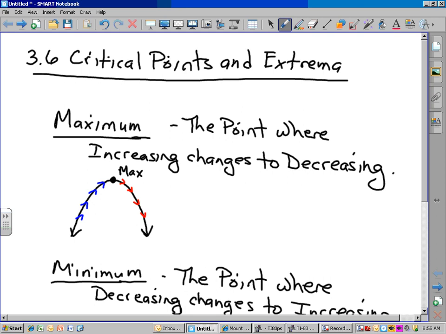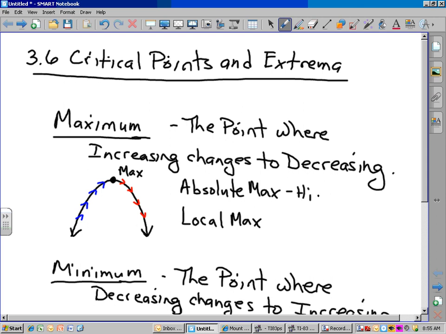Okay, and there's two different types of maximums. There's an absolute, and there's a local or relative max. I refer to it as a local max. Okay? An absolute max is simply the very highest point on the graph.